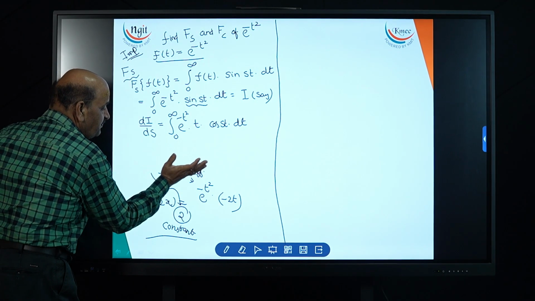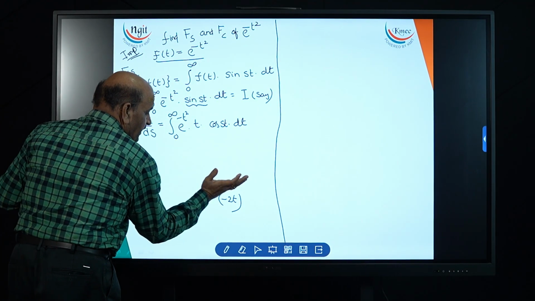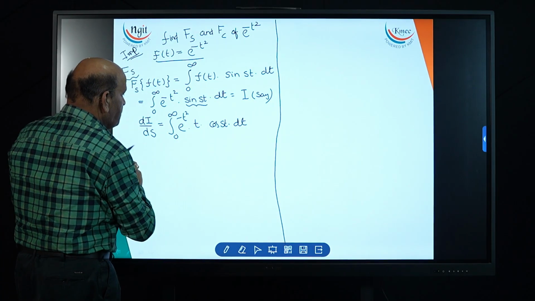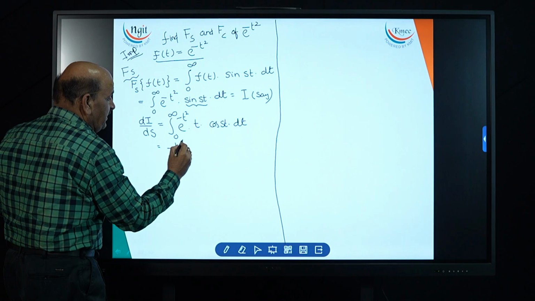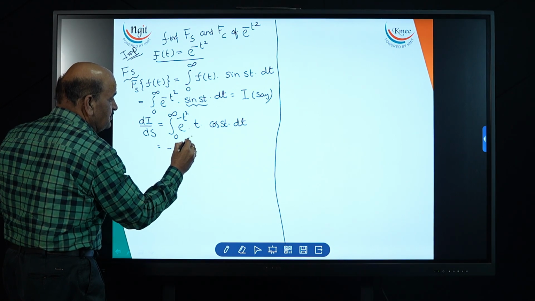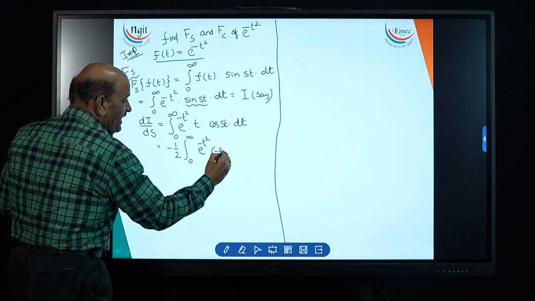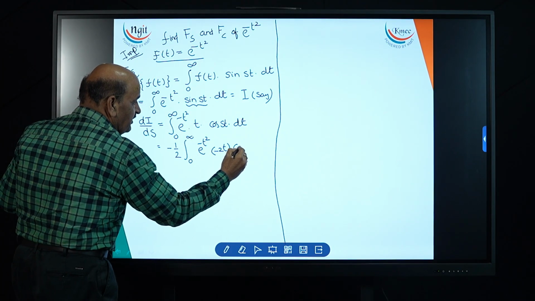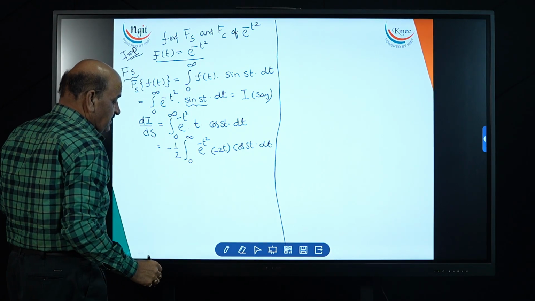Understanding? Now, this is equal to, take divide by minus 2 and multiply with minus 2, it will become minus 2t. This is cos st into dt. Understanding?